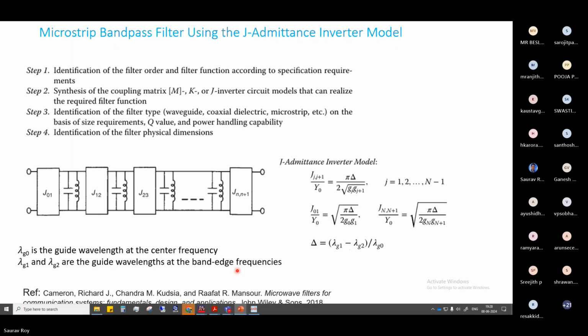Again, G1, G2, up to Gn, where n is the order of the filter, and these G values you get from the same table, based on whether you want a Chebyshev or Butterworth. If your frequency is given, you have to calculate the G. J is the admittance inverter value. Once you know this, there are further steps, which I show you next, to calculate actual physical values.